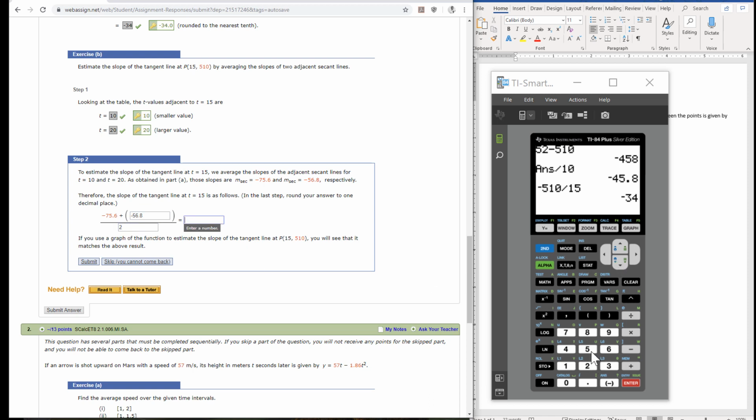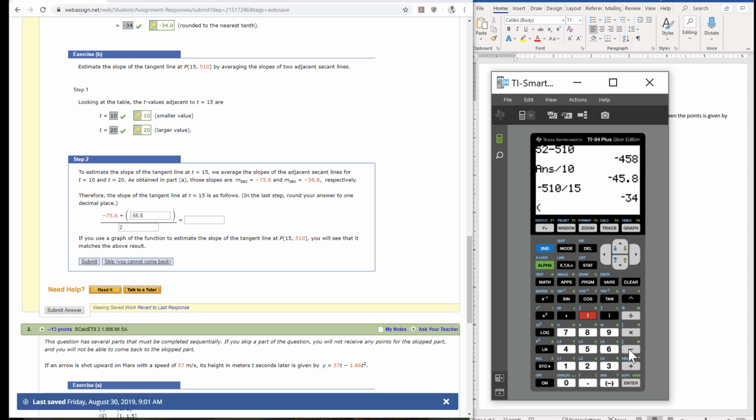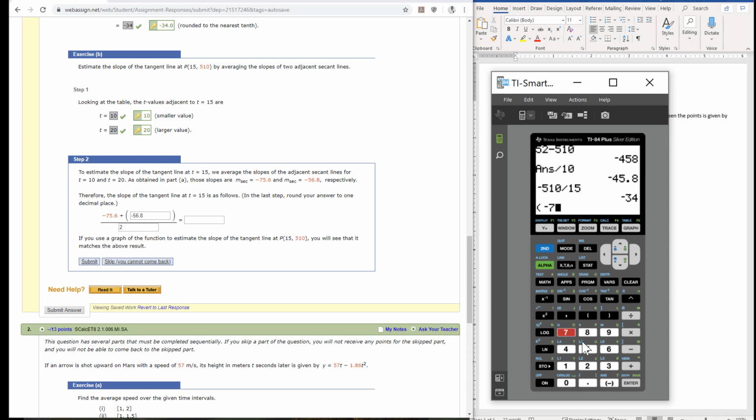So let's compute that. I'll do this in one shot using my graphing calculator. This is 75.6 plus, and then there's a negative, so let's add another parentheses here. There's a distinction between the two negative signs.